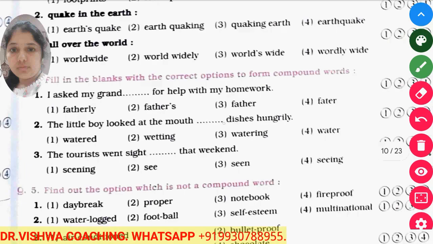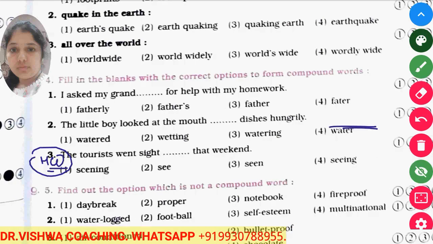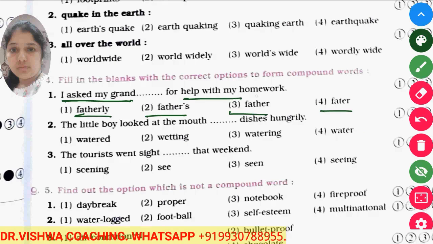Fill in the blank with the correct option to form the compound word. I ask my grandfather's, grandfatherly, or grandfather for help with my homework. We say grandfather's help to complete the homework.